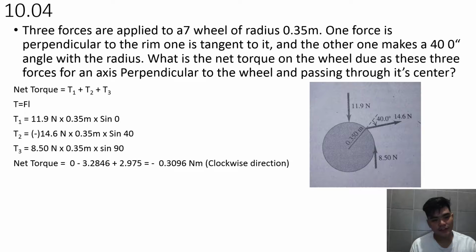The second torque is 14.6 newtons, negative since it is going in the clockwise direction, times 0.3 meters times sine 40. The third torque is 8.5 newtons times 0.35 meters times sine 90 since it is perpendicular to the axis of rotation.